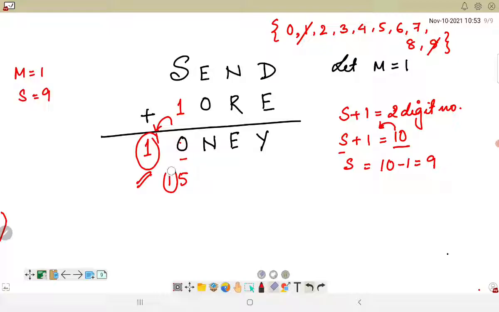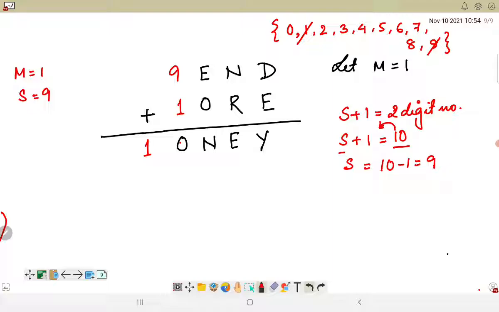Now if I am representing it in this way here, S basically will be 9 now, right? So I will rub it off, and as already found out, S would be 9. So 9 plus 1 is equal to 10, so this will be 0.